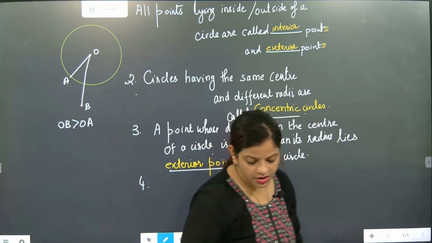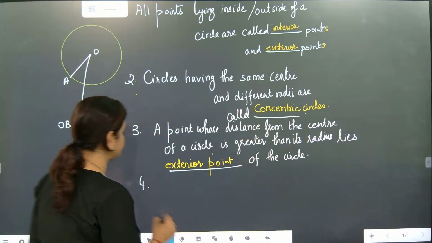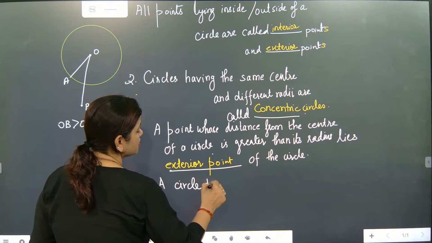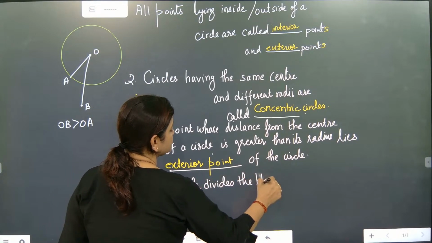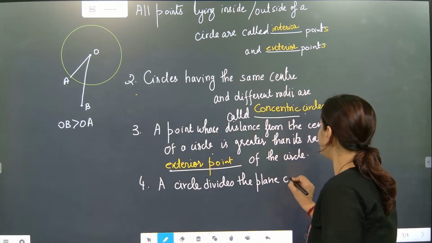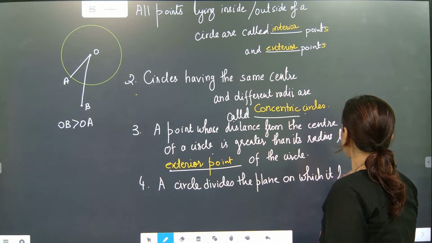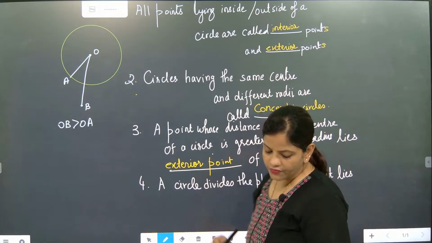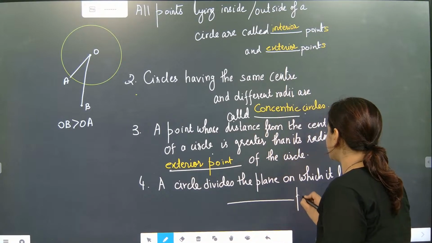The next question is, a circle divides the plane on which it lies in dash parts.